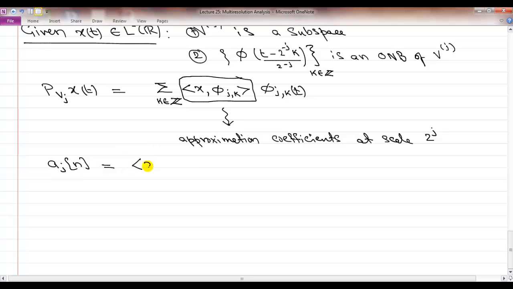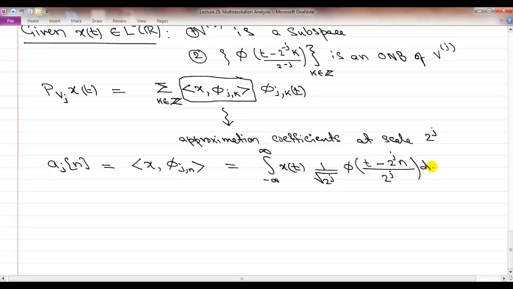They are given by the inner product between x and phi jn, which in L2R is defined as the integral of x of t, 1 over square root of 2 to the j, phi of (t minus 2 to the j n) over 2 to the j, dt.